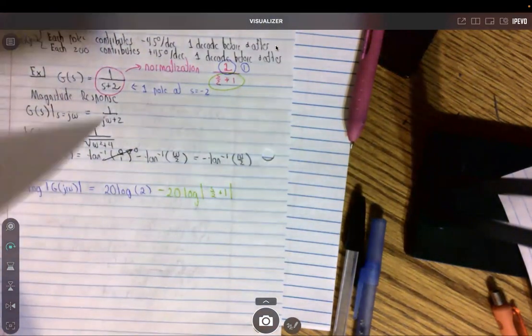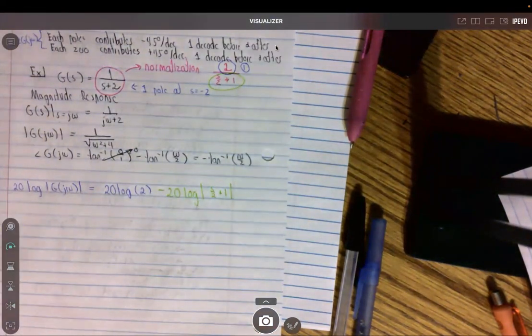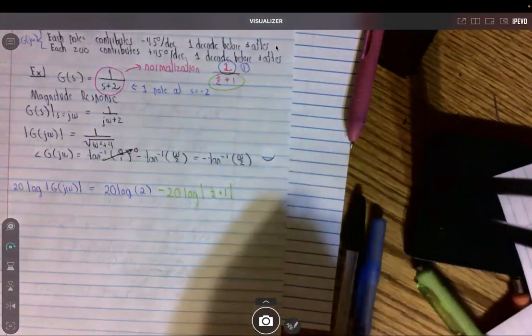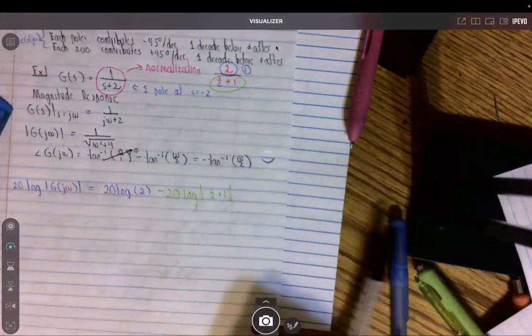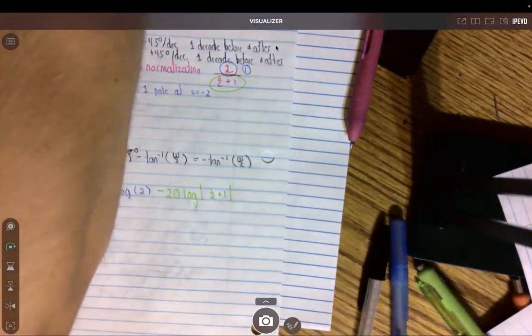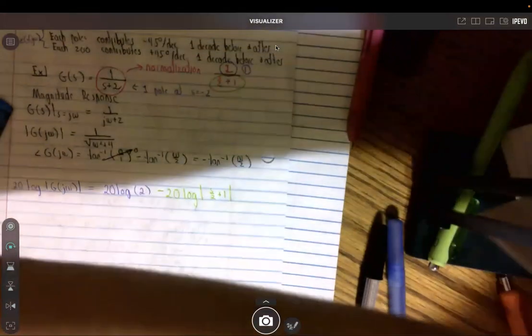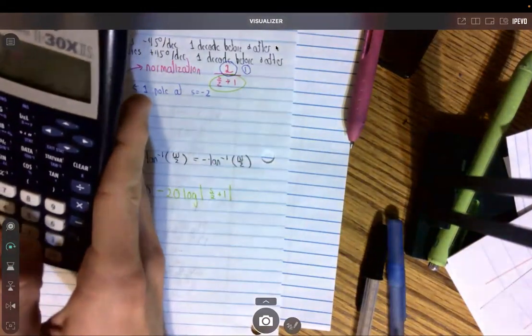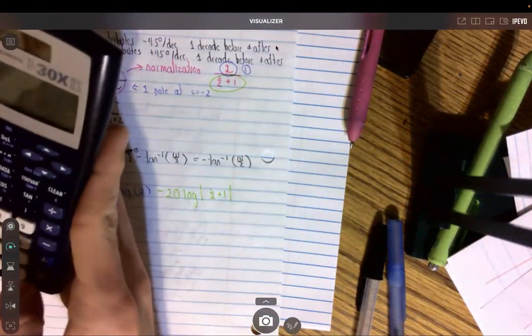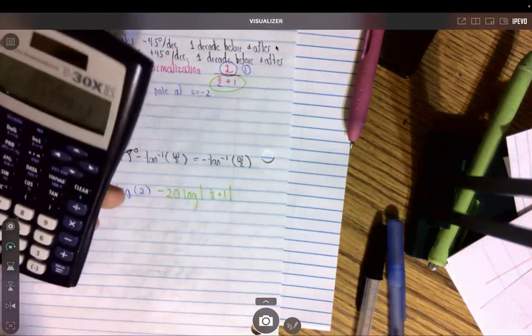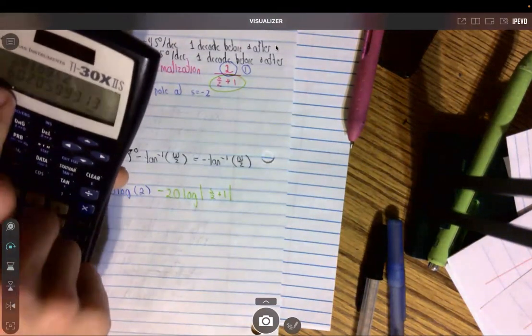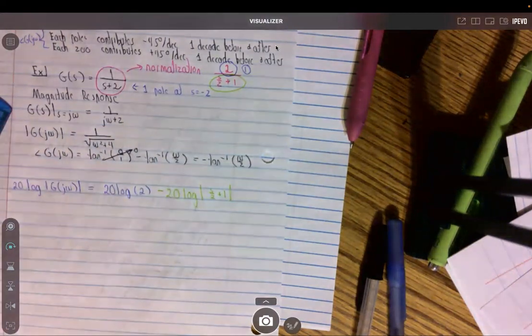But the big thing we have to deal with here is, when we plot it, 20 log of 2. When you put that into your calculator, 20 log of 2, we get 6.02 here.